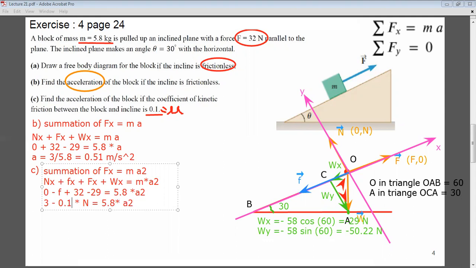So this is easy, but I don't know how much the normal force is. Now, can I find a way to calculate the normal force? I look at it, and I find that it is all on the y-axis. The normal force is on the y-axis. So I can calculate the normal force by using summation of Fy equal to 0 because it's on the y-axis.